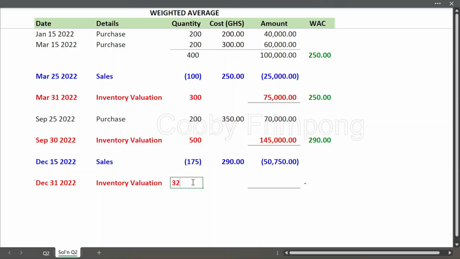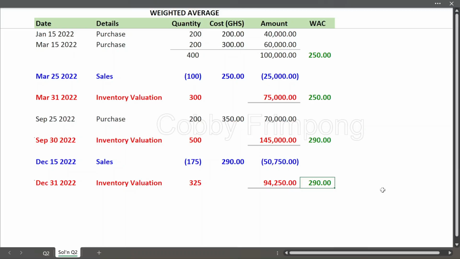We have 325 total inventory available, amounting to 145,000, out of which we've sold 50,750, giving us a difference of 94,250 to show on the balance sheet, and the weighted average cost per unit is 290 Ghana cedis. This is all for question 2.